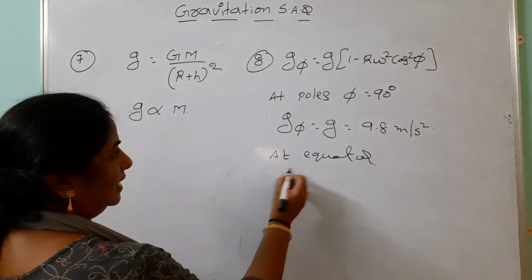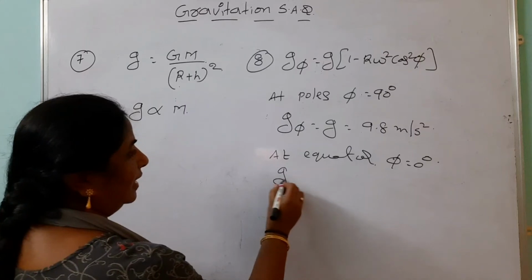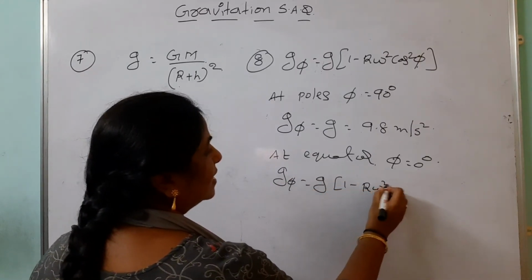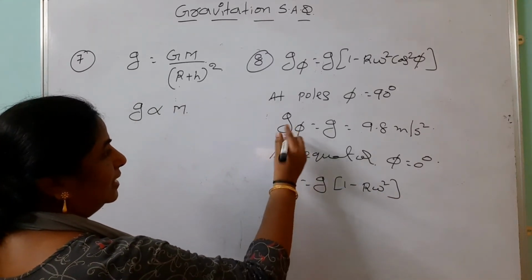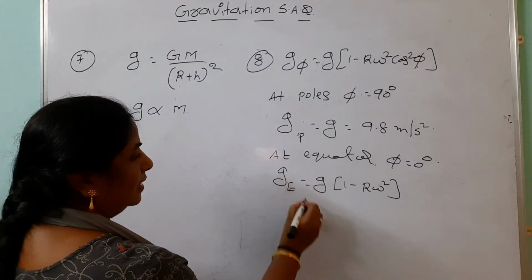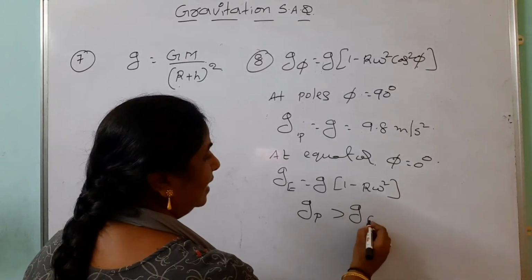So at equator phi equals 0 degrees, you can get g_phi equals g into (1 minus R omega square). So this is minus this one, means always you remember that g at poles is greater than acceleration due to gravity at equator.